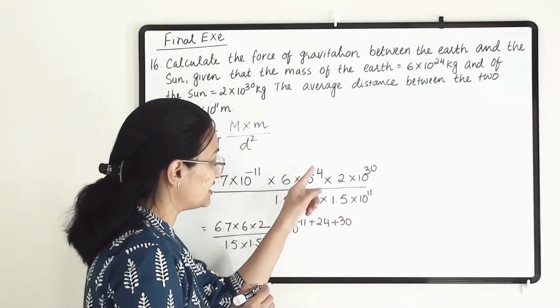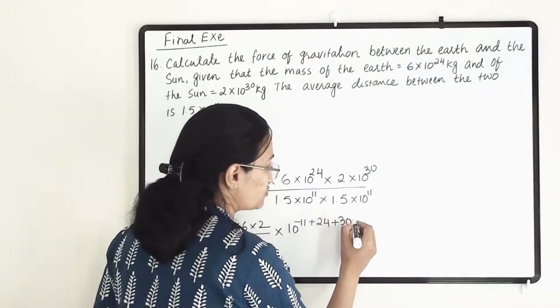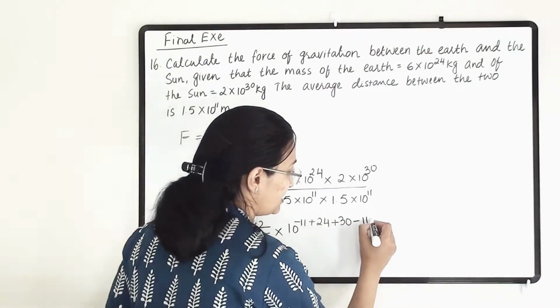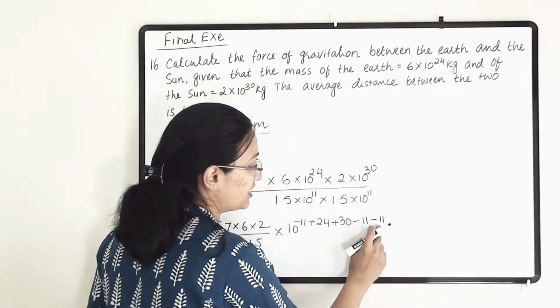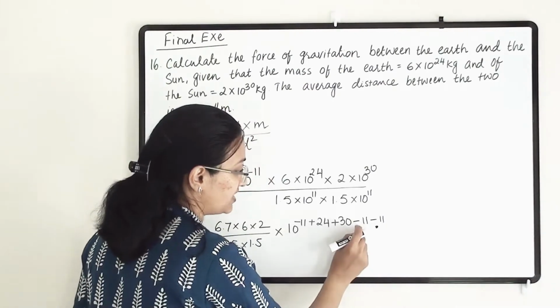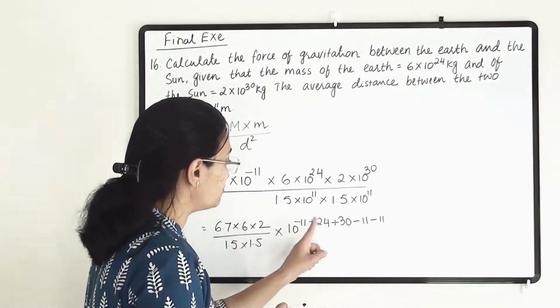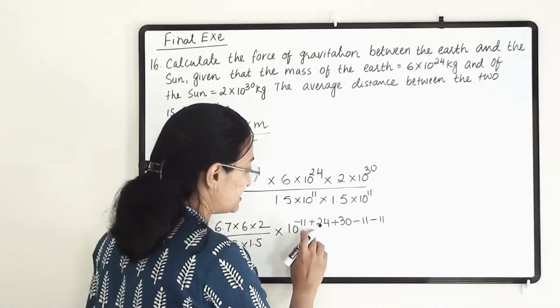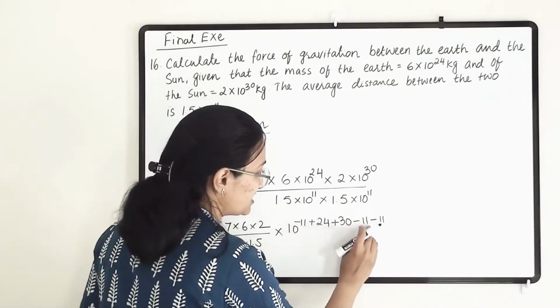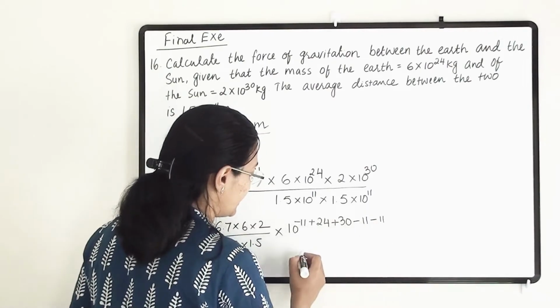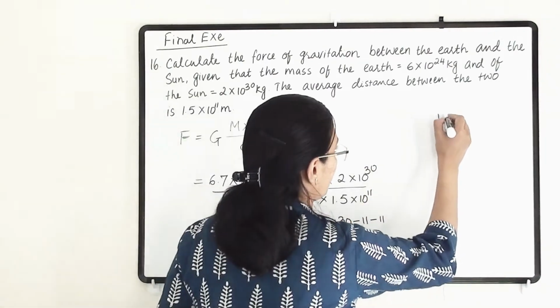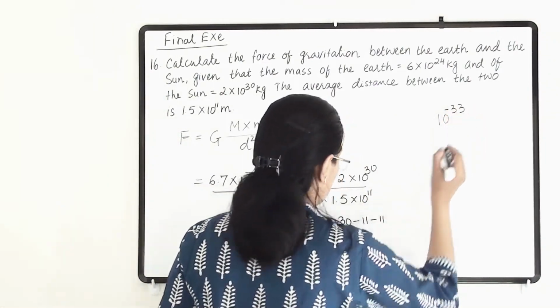If we are taking them into the numerator, they are going to be negative. So minus 11 and one more minus 11. Now once we solve this, we will get 10 raised to minus 33.